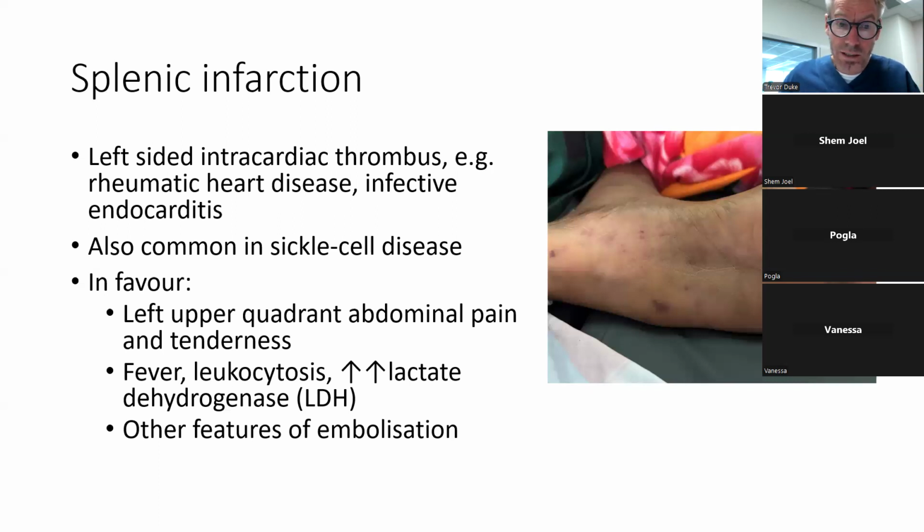Often their lactate dehydrogenase, LDH, will be very high if they've got a splenic infarction. And they may have other features of embolization in other locations, such as the kidneys on CT scan, or the spleen, sometimes the brain, often the peripheries of fingers, hands, or the feet. So think of splenic infarction.